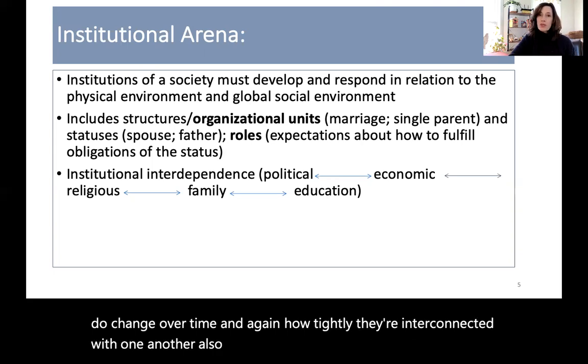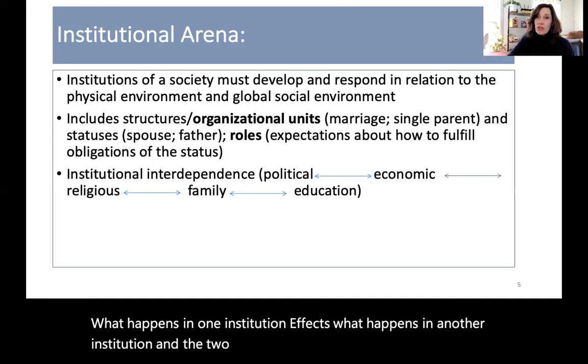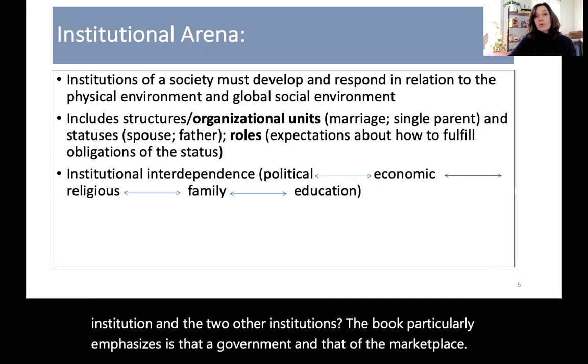So institutional interdependence means that what happens in one institution affects what happens in another institution. The 2 other institutions the book particularly emphasizes are government and the marketplace. Government is where we set the rules for society.